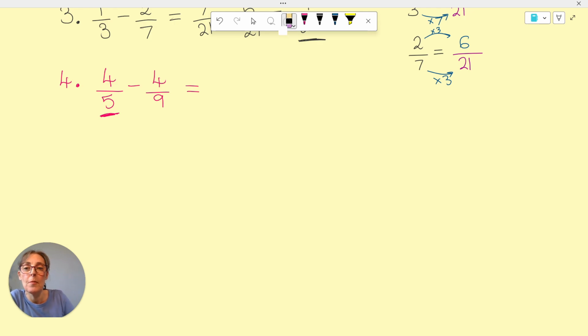And we know it's a multiple of 5 if the ones digit is a 0 or a 5. So 5, 10, 15, 20, 25, 30, 35, 40, 45.